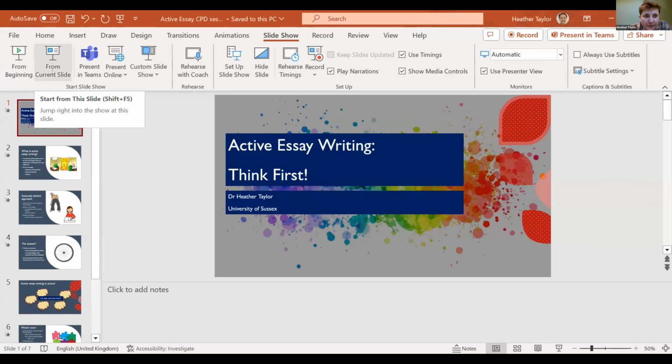Okay, so to begin with then, what is active essay writing? Essentially, it's a method that myself and Wendy use to teach our foundation year students how to approach and complete essay-based assignments using their own independent thoughts, ideas and personal experiences.